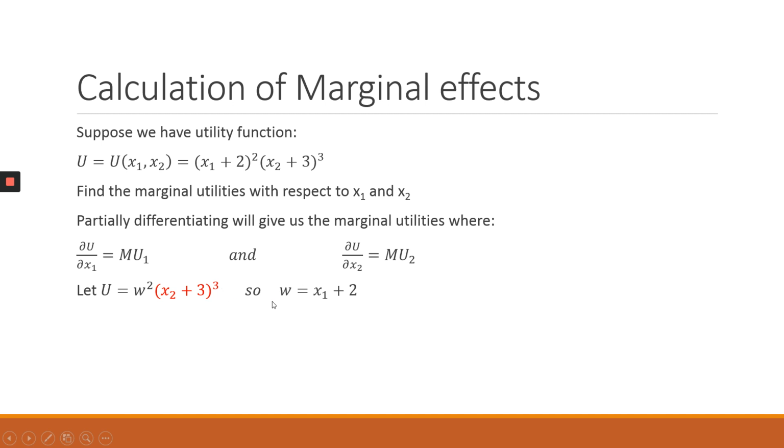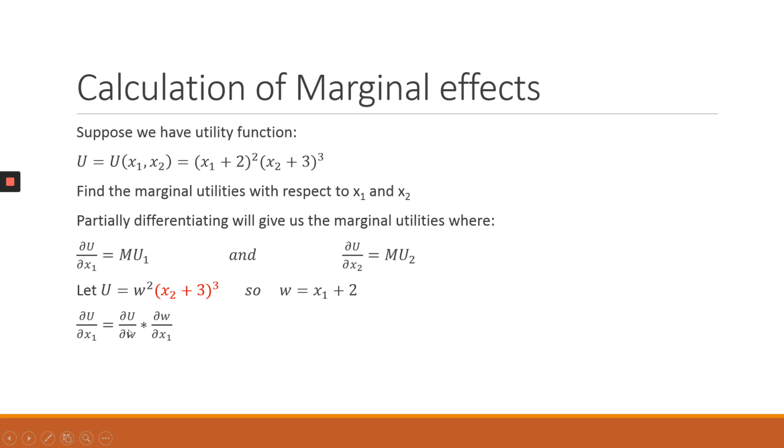So what we're showing there is we are going to apply the chain rule to calculate the marginal utility with respect to x1, right? So proceeding to apply the chain rule, what we need to calculate for us to find the partial derivative of u with respect to x1 is the partial derivative of u with respect to w multiplied by the partial derivative of w with respect to x1, right?